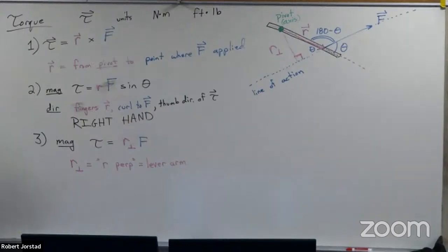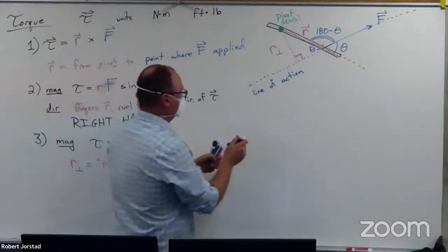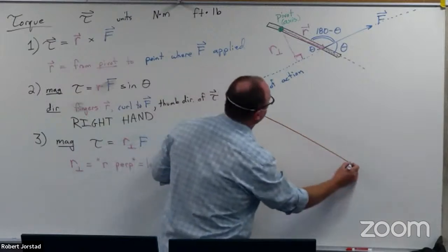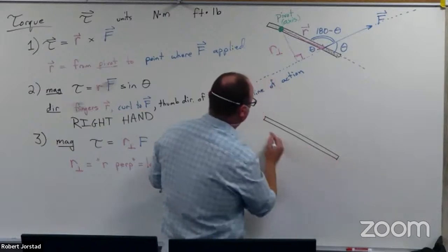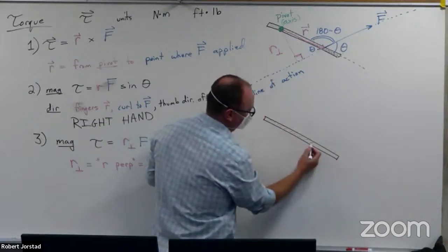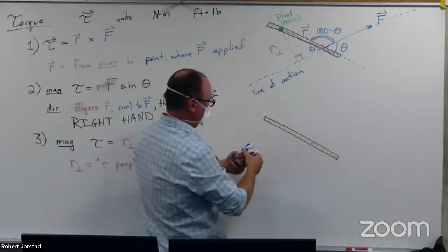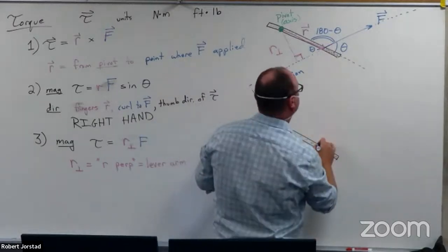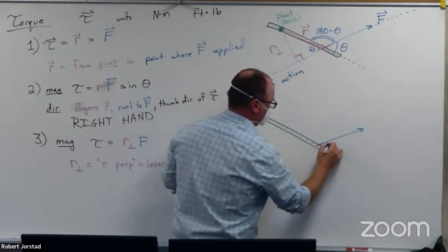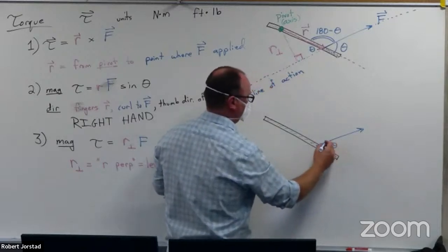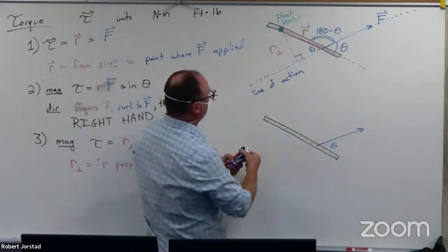That's cool. I'm going to try and draw this exact same figure here. I got a force. I'm told that this angle is theta. And then I got a pivot right here.